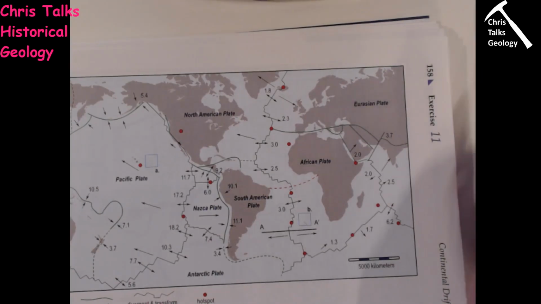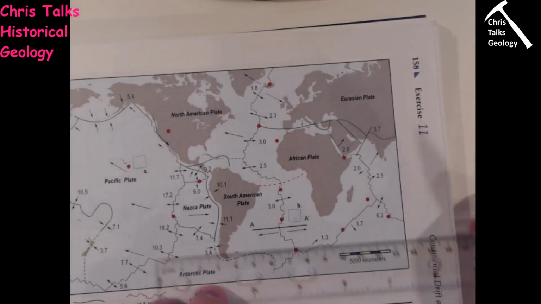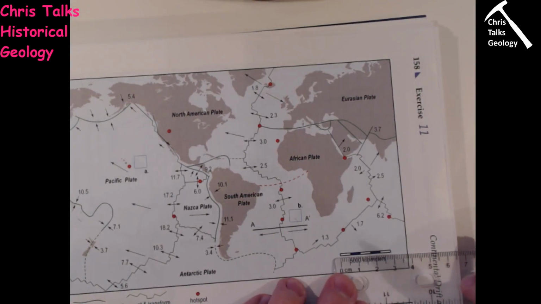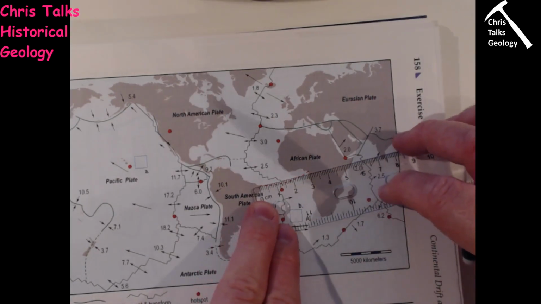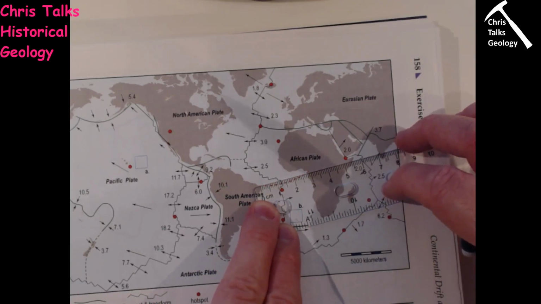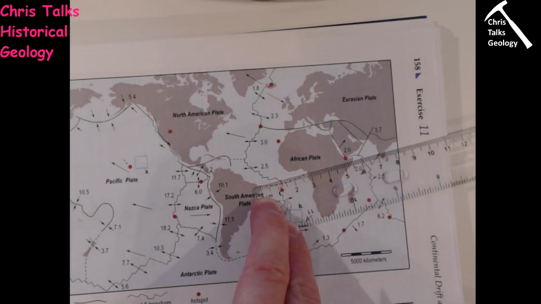We're going to measure the size of this scale bar, and the scale bar here is about 2.9 millimeters. Now I'm going to measure the distance over here, and the distance is, will you look at that, 2.9 millimeters. So we've just gotten rather lucky.